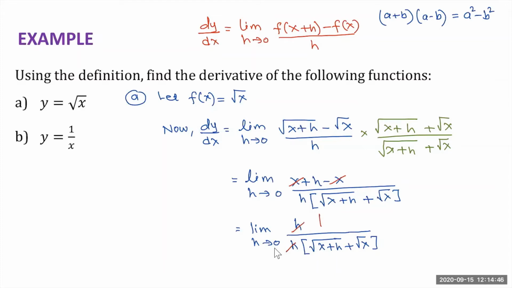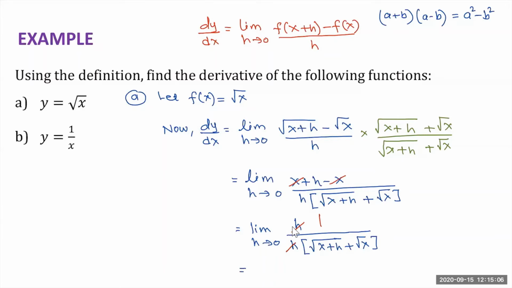Now you can perform the direct substitution because you don't have that h in the denominator which was causing 0 there. Because if you try direct substitution before, when you plug in 0, there will be 0 in the denominator. Now h gets cancelled, so no more 0 in the denominator.